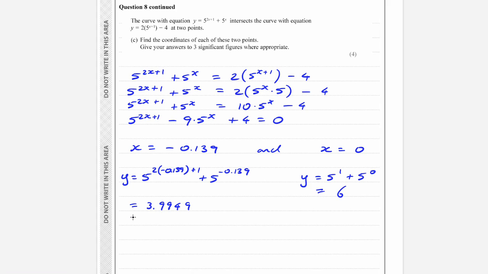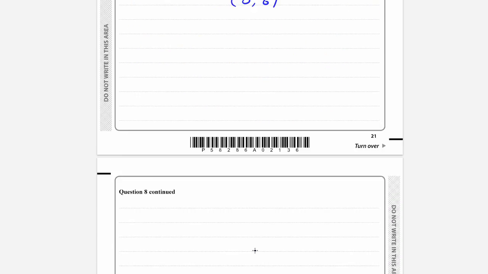So let's just say that is approximately equal to 4.00. Therefore, the coordinates of the 2 points where they intersect are negative 0.139, 4.00 and 0, 6. Okay, that's question 8, guys.